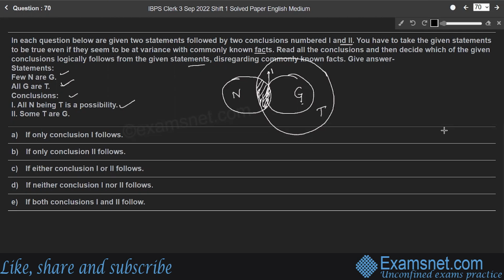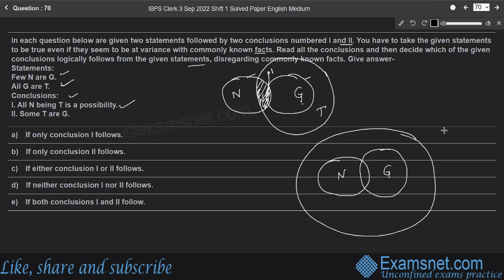If the set T includes both N and G, so here is N and here is G, where all G are T, I just draw the set T like this, where set N and G are included. So in such a case, we can conclude all N are T. Therefore, there is a possibility that all N being T, right?